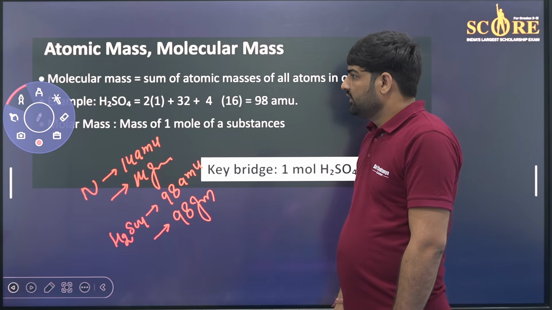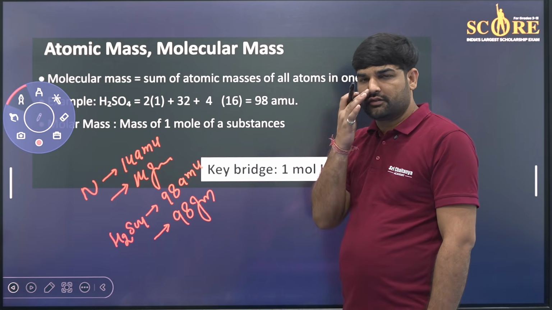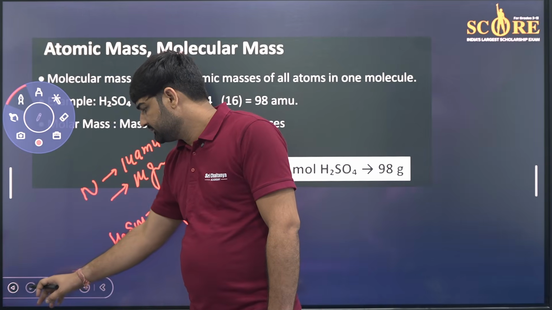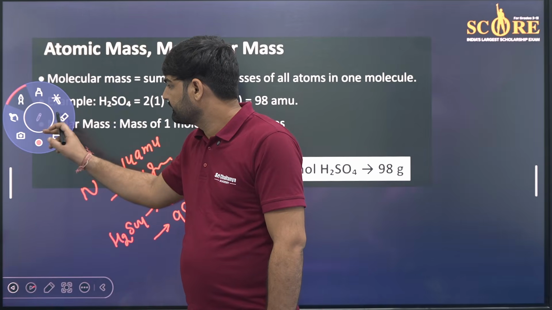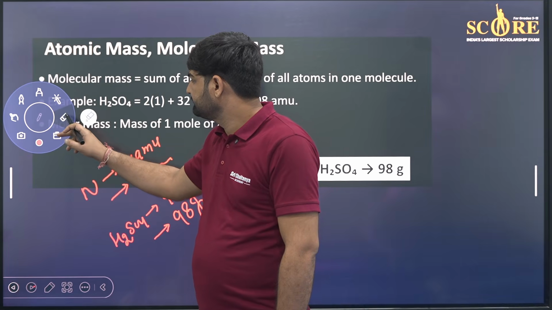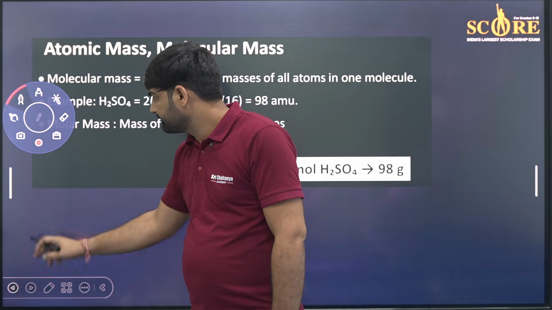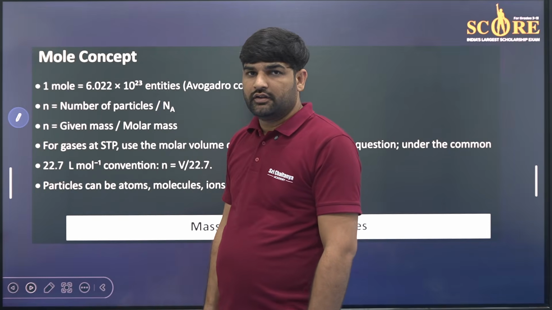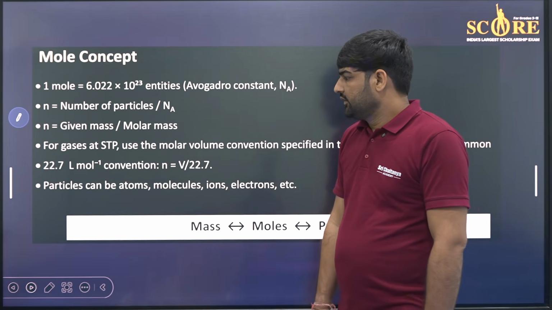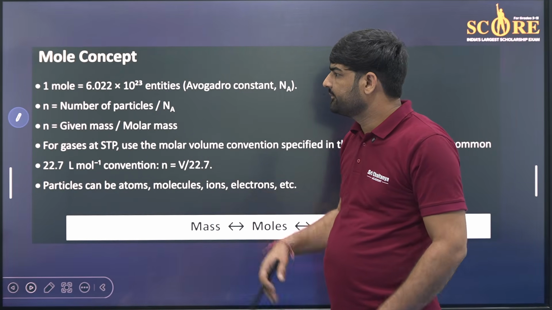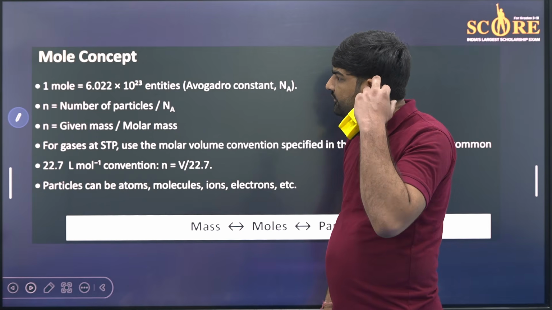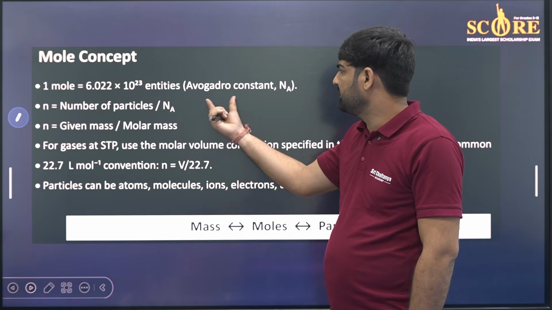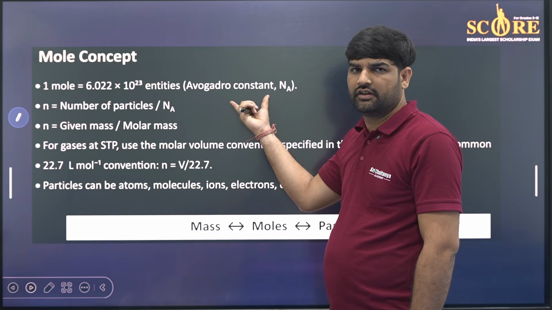Okay. Now this was about atomic mass and molecular mass. Now, 1 mole is 6.022 multiplied by 10 raised to power 23 particles, which is also known as the Avogadro number.